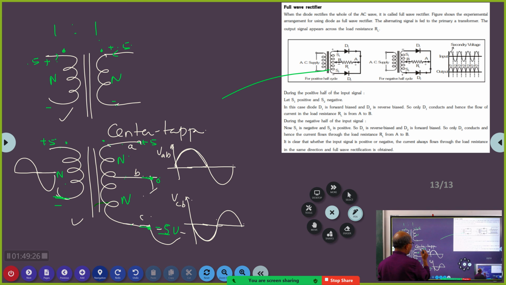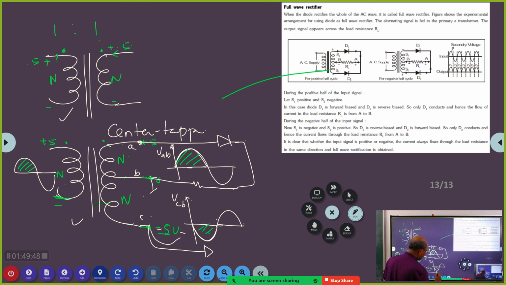Now you see. Now to this point, if I connect a diode, and to this point, if I connect a resistor and connect it to the diode, then during this positive excursion, this point is positive, but this is negative. So I will be connecting one more diode here, like this, to this common. So there is diode number 1, diode number 2.